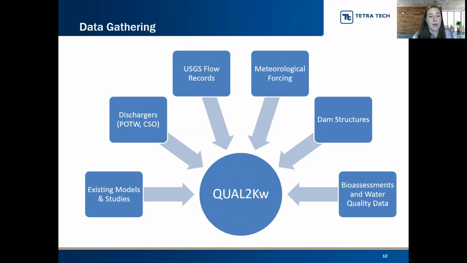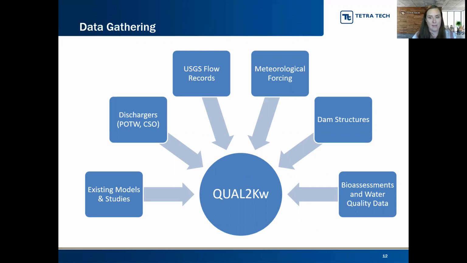We also used DMR data from dischargers. We made some informed decisions about CSOs and found out where those were located. We used USGS flow records throughout these watersheds to help develop the boundary conditions, meteorological forcing inputs, and dam structures, presence or absence depending on the simulation year.